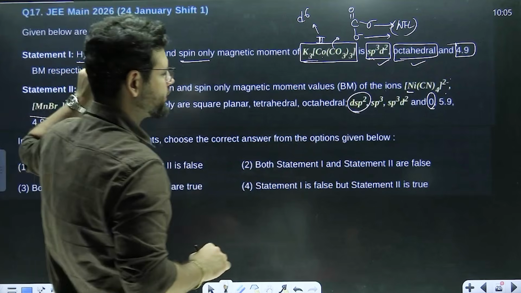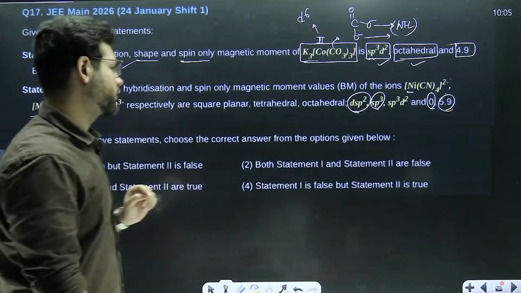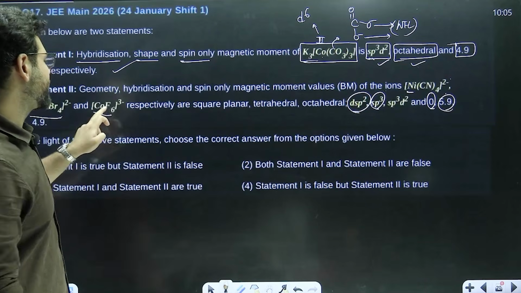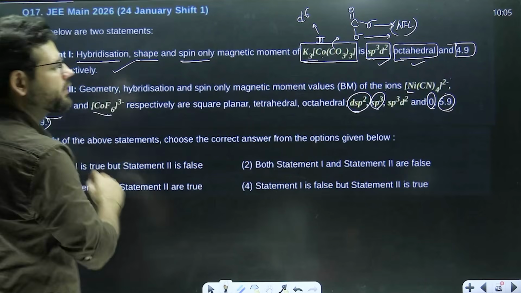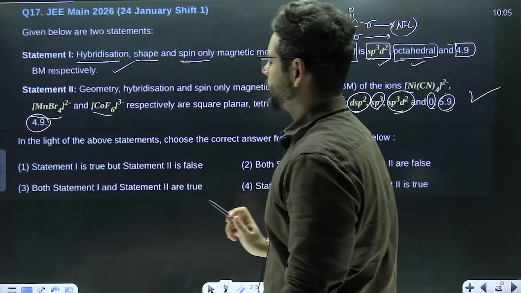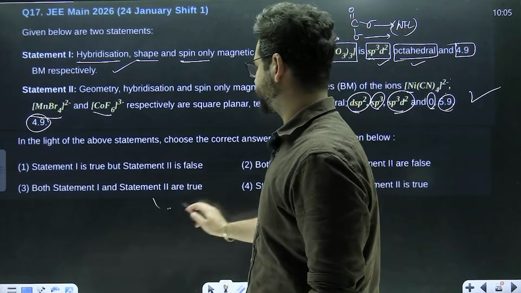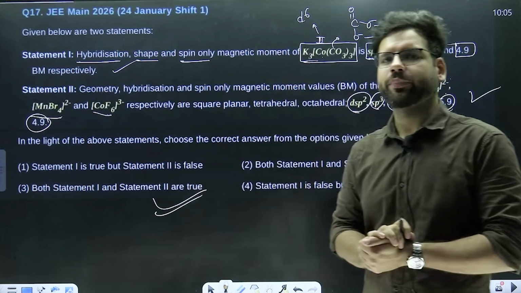MnBr4 already we have seen, sp3 it was, and it was paramagnetic with 5 unpaired electrons. So this is also correct. Cobalt plus 3 will be 4.9 with a weak field ligand and outer orbital complex. Absolutely correct. Both the statements are absolutely correct. Correct. So this is the one.